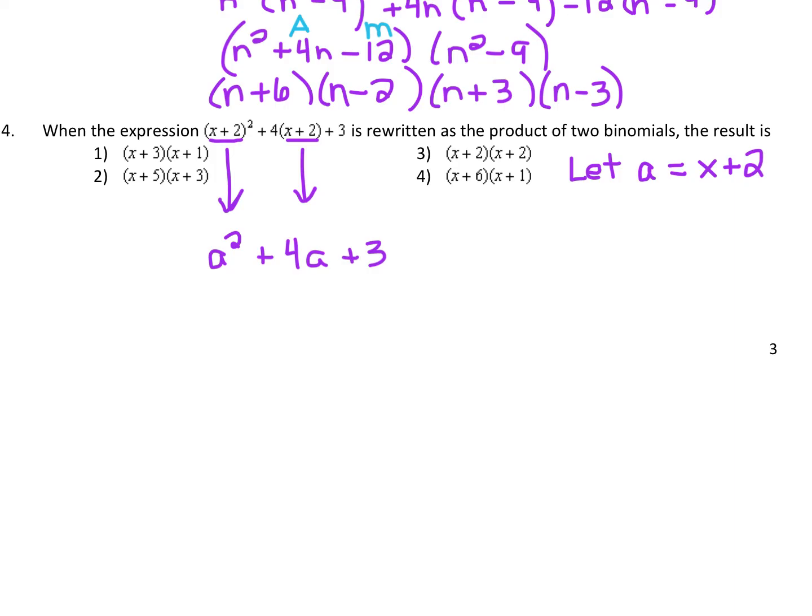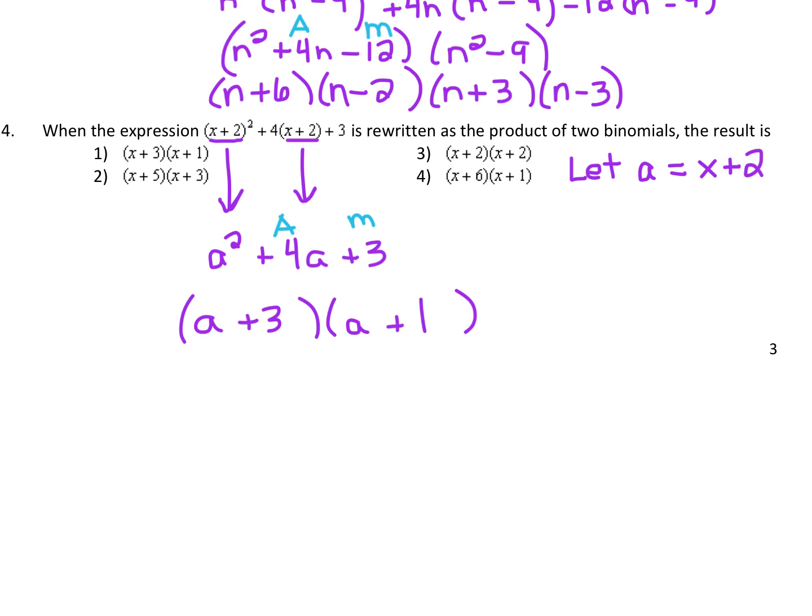Isn't this just our add-multiply method? So let's set up two sets of parentheses. The square root of a squared is a. And two numbers that multiply to 3 and add to 4 would be 3 and 1. So positive 3, positive 1.